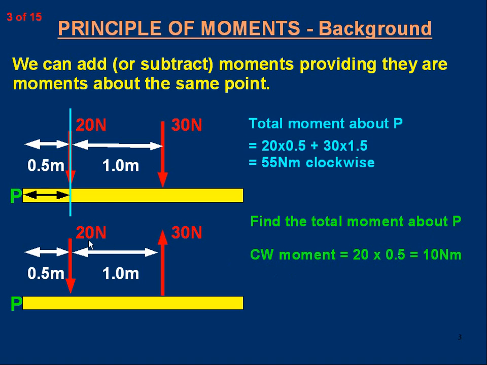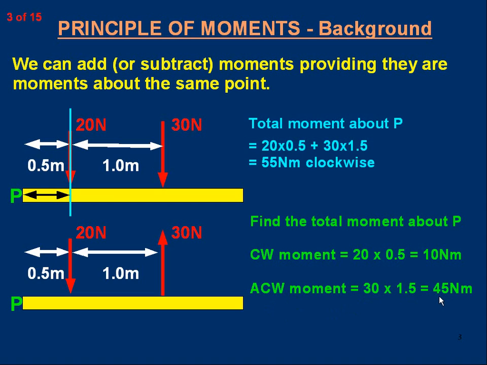The 20 Newton force produces a clockwise moment, as in the first question. It will be 20 times 0.5, 10 Newton meters. Because we've reversed direction, the 30 Newton force produces an anti-clockwise moment. 30 times the distance to the point from the line of action, it's 1.5 meters, so the anti-clockwise moment is 30 times 1.5, which is 45 Newton meters.